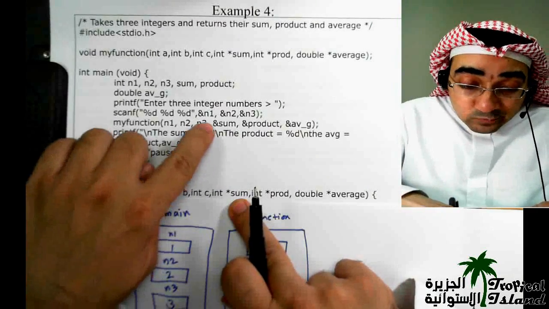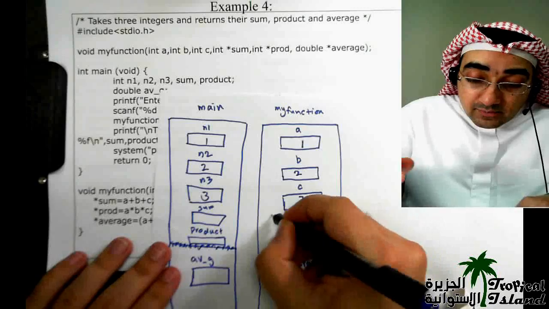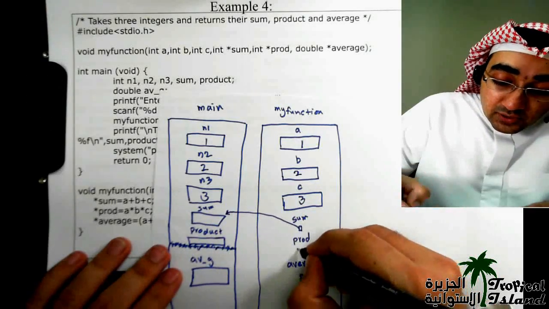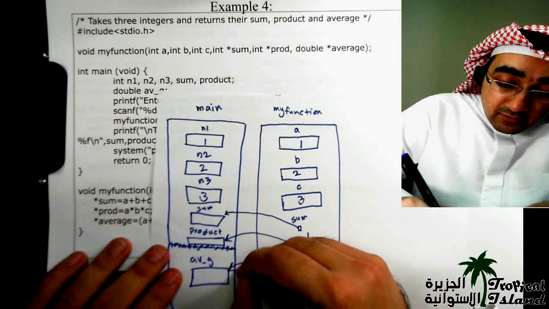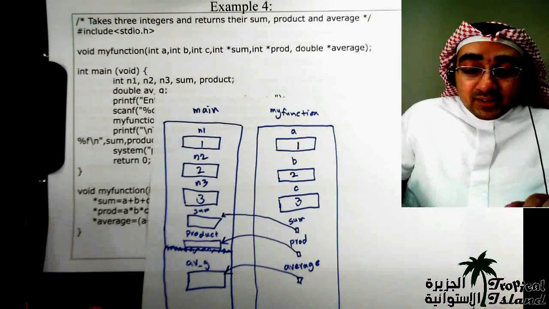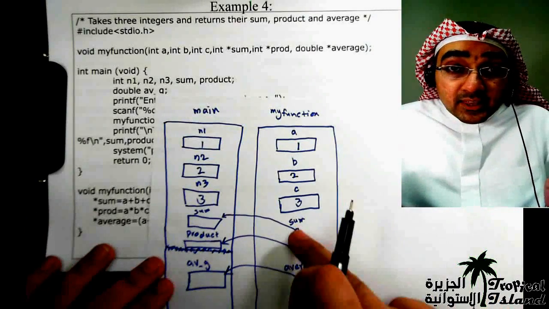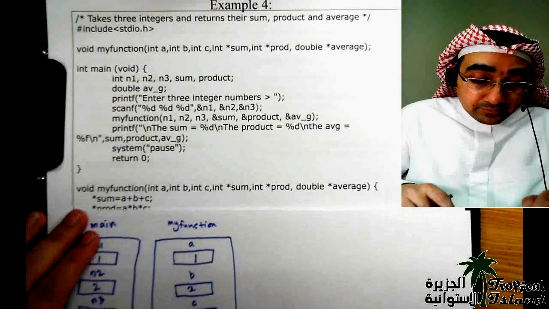Now sum is taking the address of this sum. So my sum is actually pointing here, which is the start location, and the product is pointing here, and the average is pointing here. They point at the memory location, but I use an arrow to simplify things. So these are my pointer variables, they're pointing over here.